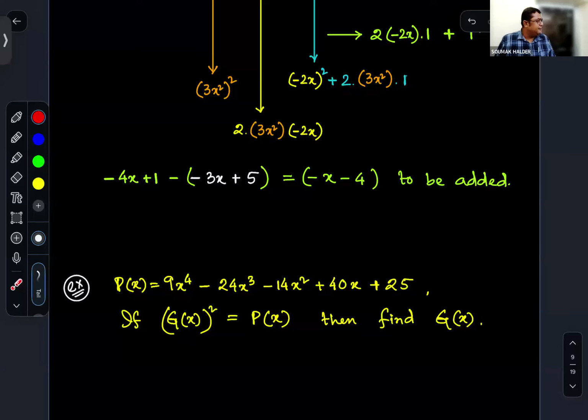You need to find g of x. Okay, our aim is to get to the solution as quickly as you can. Okay, so no formal writing, nothing else, just go for quickest identification, target the right positions, target the right coefficients, and get to your conclusion as quickly as you can.